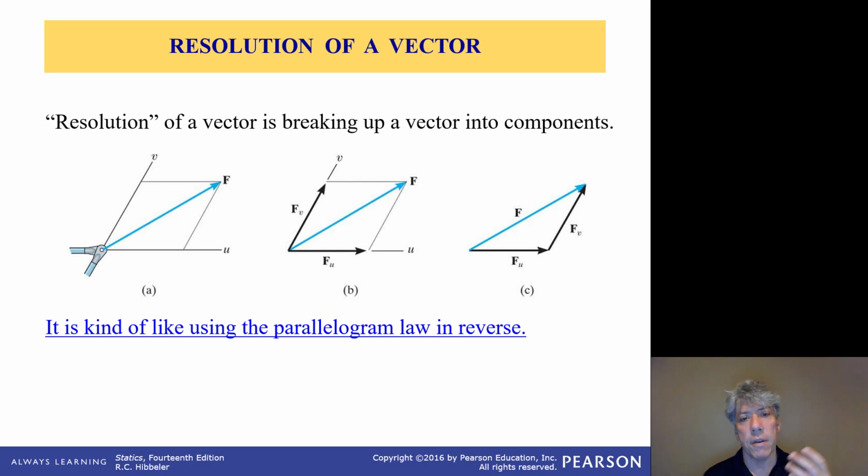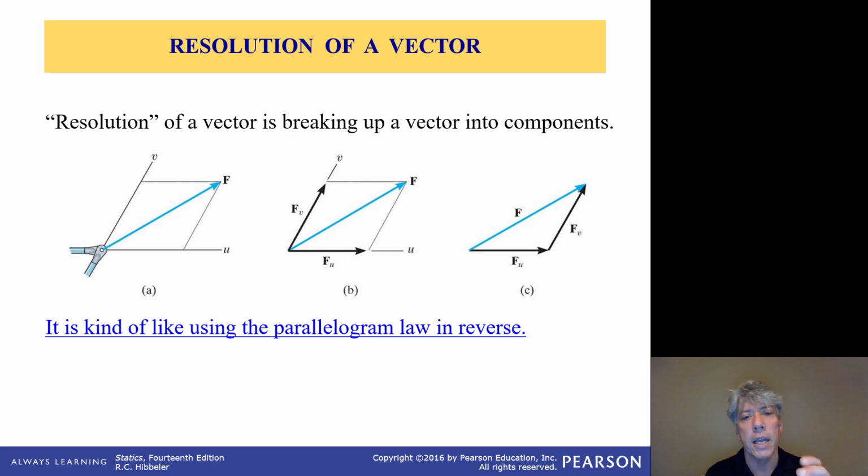So the effect of force F on that contact point, on the end of it, which looks like some kind of cable or something, those hooks or eyes at the end. The effect that vector F has as a single vector on that point is the same that vector F sub V and F sub U would have, the components of the vector along the V and the U axes.